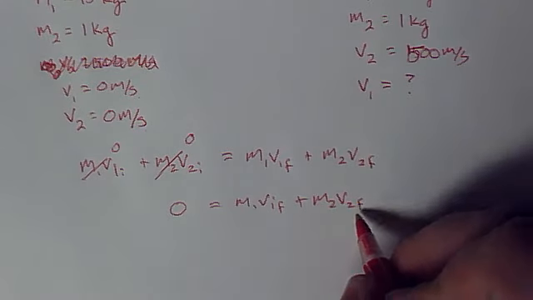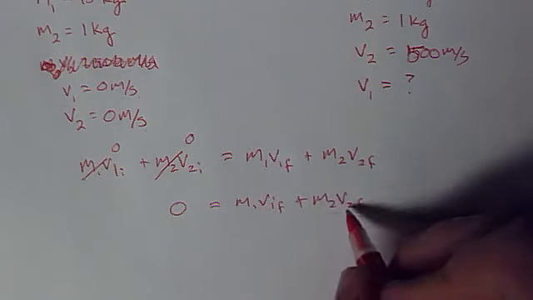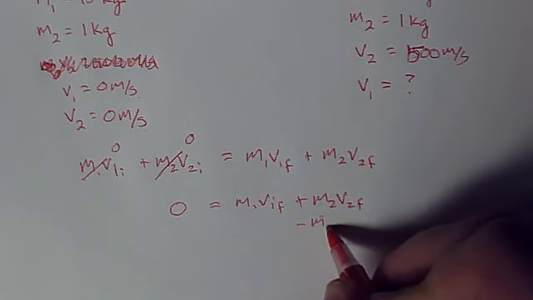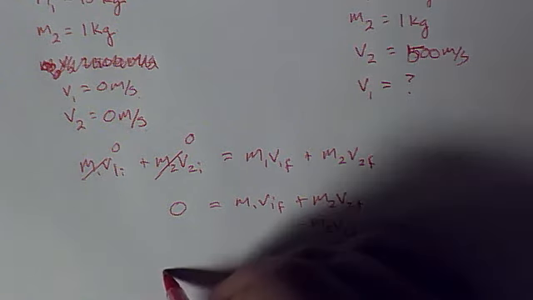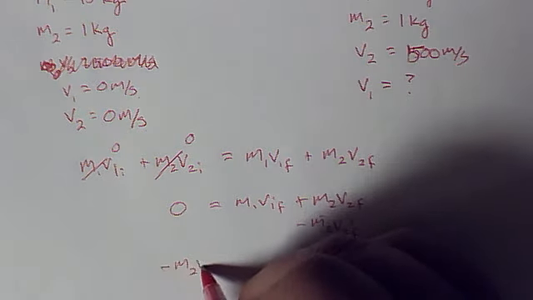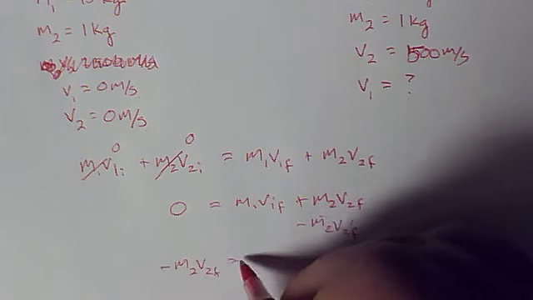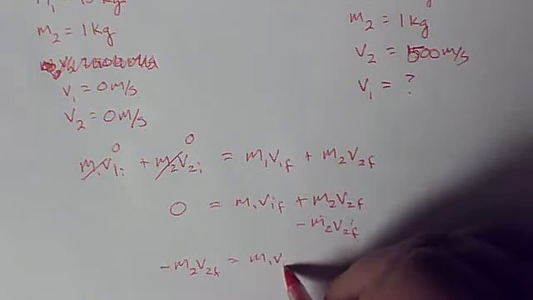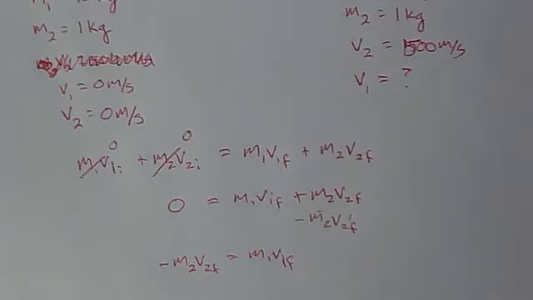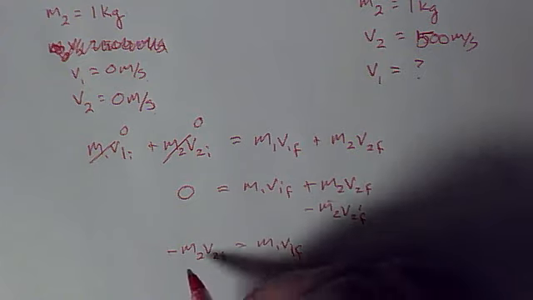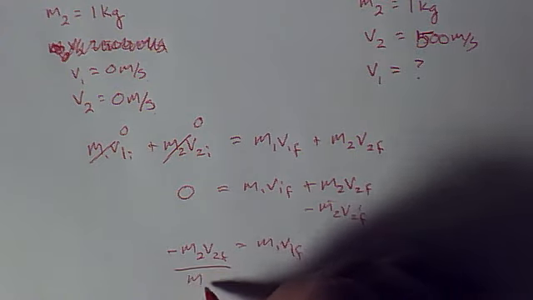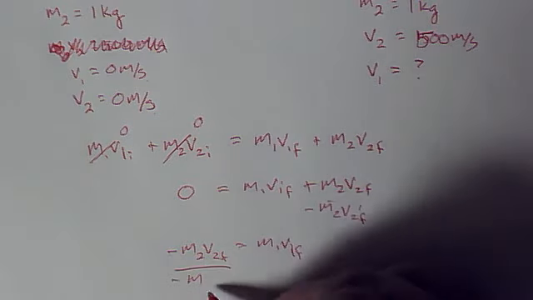So if I'm solving for v1f, I'm going to move this by subtracting m2 v2f. So I have a negative m2 v2f equals m1 v1f.